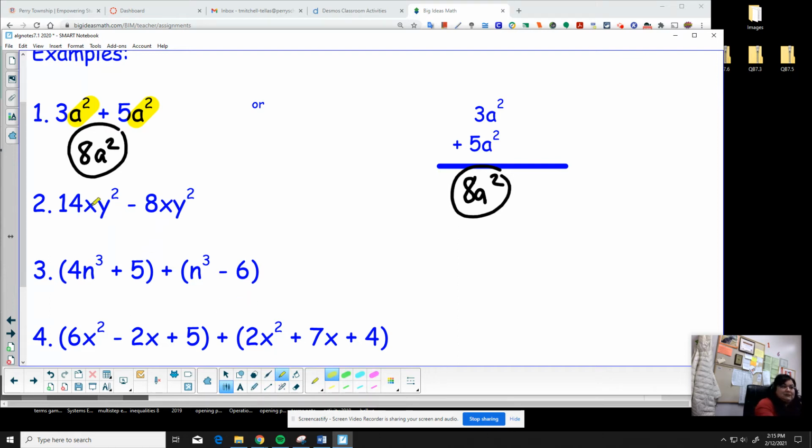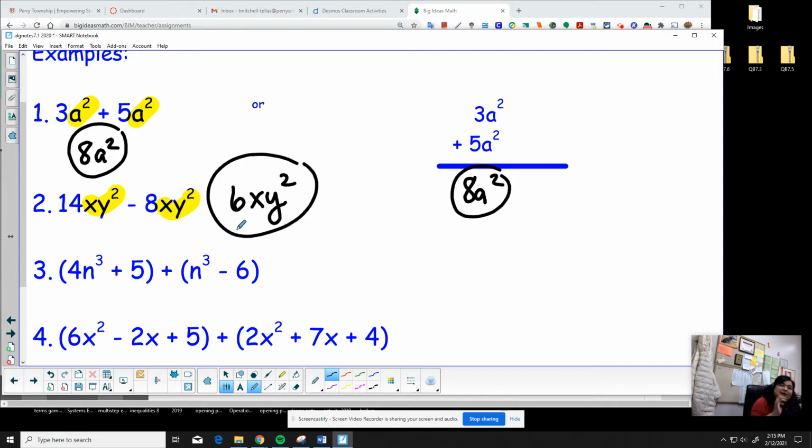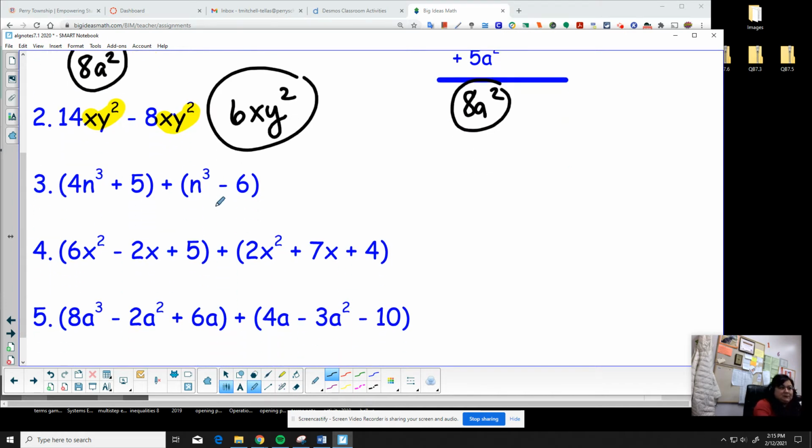In order to add them, they must have the exact same variables with the exact same exponents. So as I look at this, I see this is xy to the second and xy to the second. Since it's exactly the same, I can go ahead and combine the front terms. So 14 minus 8 is 6. So 6x y to the second. Notice that I kept the xy to the second exactly the same. I didn't change it. And we can add in grouping symbols, but we still do the same thing. We gather the like terms.